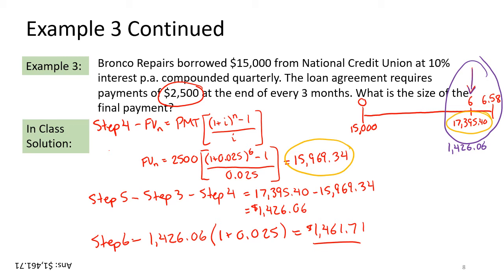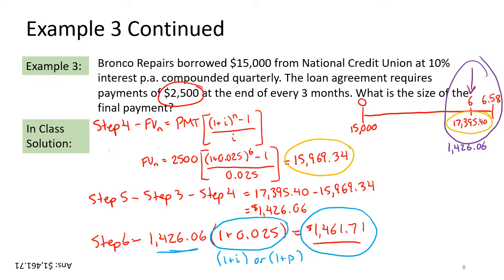Again, this term is simply 1 plus i if it's a simple annuity, or 1 plus p if it's a general annuity. Remember, it has to be 1 plus the interest rate because you have to keep this original balance, right? That's what that 1 is there for. So this would be the size of your final payment, $1,461.71. Okay? So you'll notice that it's quite a substantial decrease from the $2,500 you paid at the start.